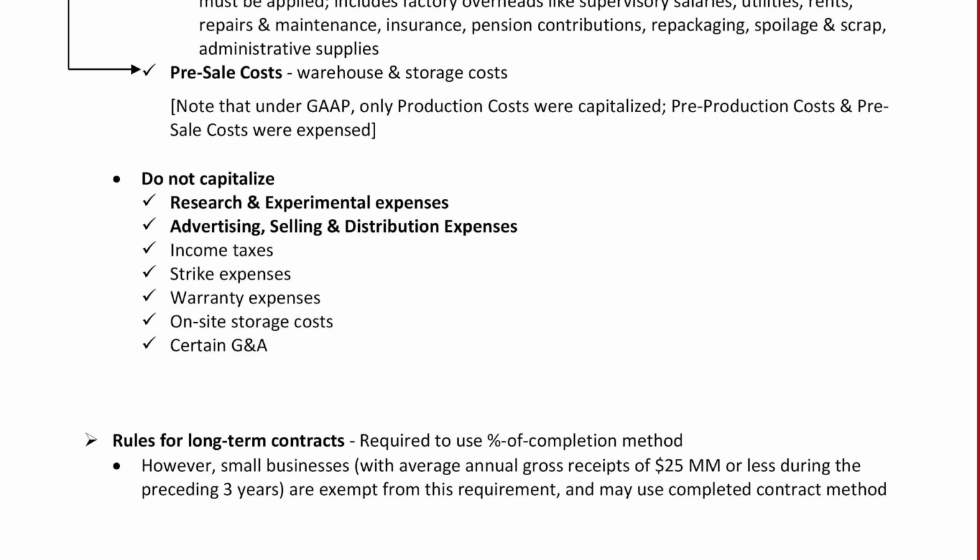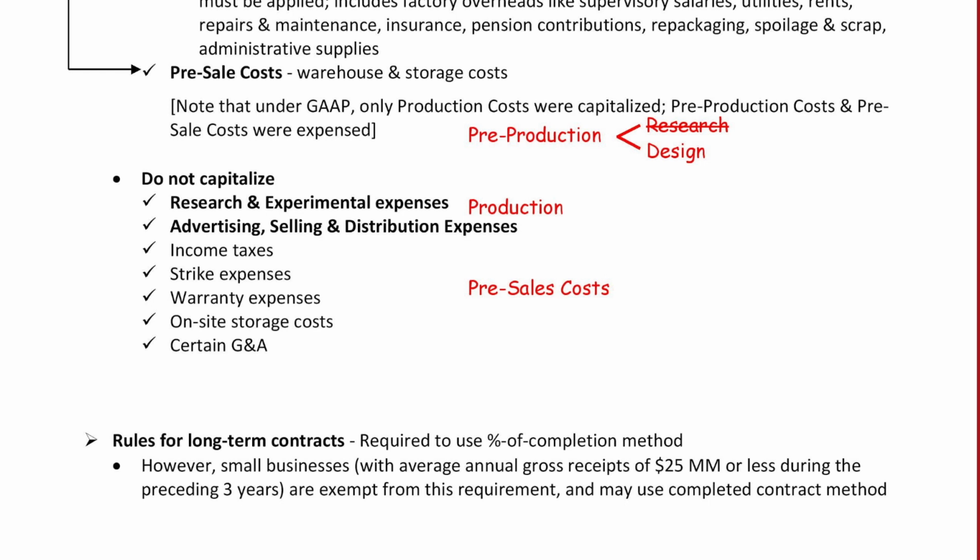Now let's put the UNICAP requirements in place. So let's first look at all the expenses. So let's classify them as, right, pre-production, production and pre-sales costs. For pre-production, let's have research and design. And you could scratch off research because that's not capitalized.